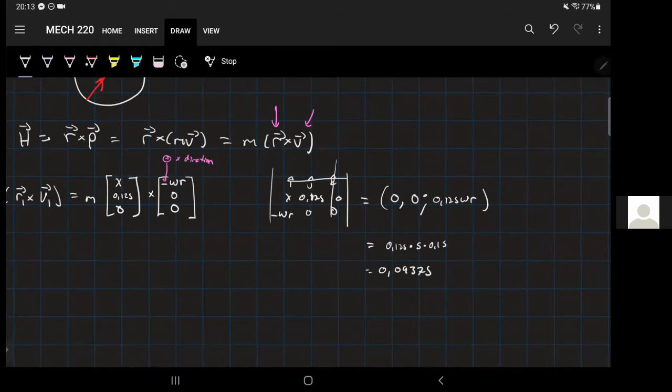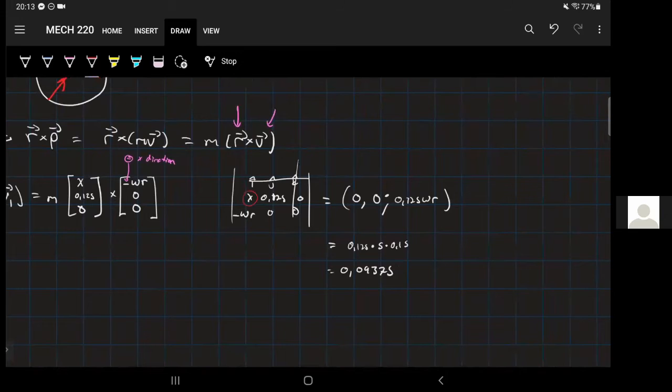And see how this x doesn't really matter because it's not going to provide anything basically to the angular momentum. And also note that we are equating basically the z component of our angular momentums because we're in 2D.